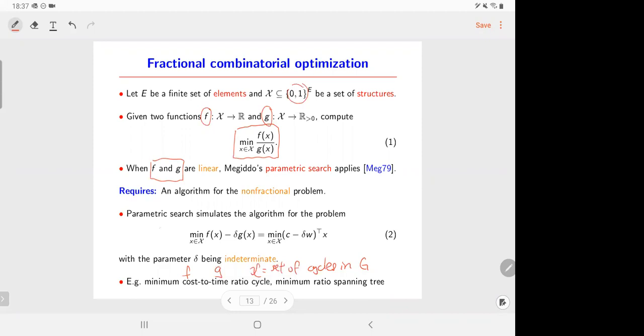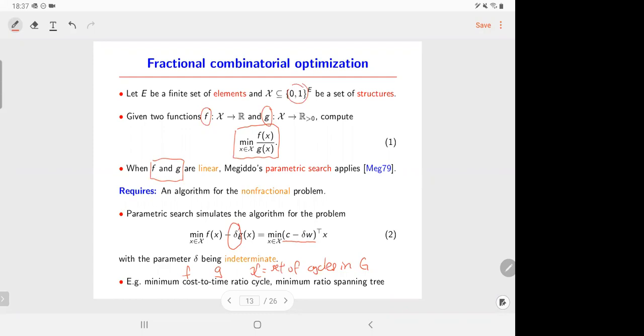The main idea of parametric search is that it simulates the algorithm for the non-fractional problem with an indeterminate parameter delta. So now the costs are all parametric functions in terms of delta. And now you run the non-fractional algorithm as if delta is part of your input, but is an unknown quantity.